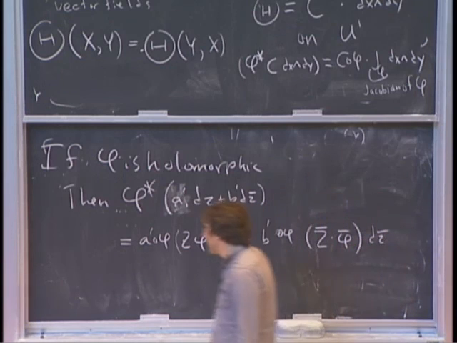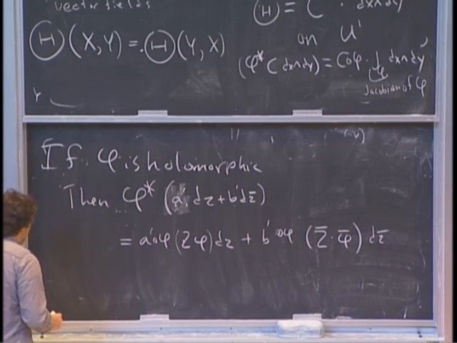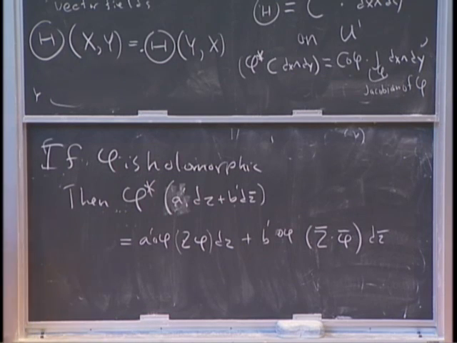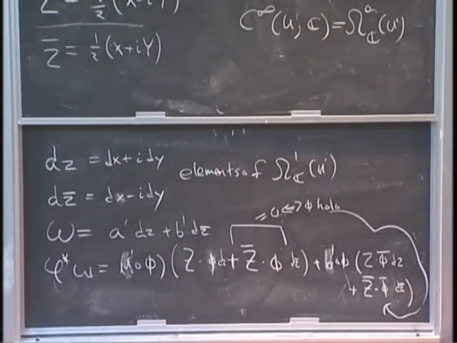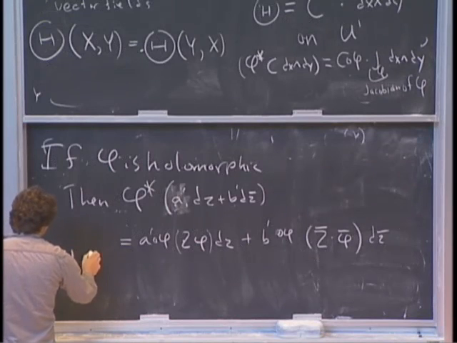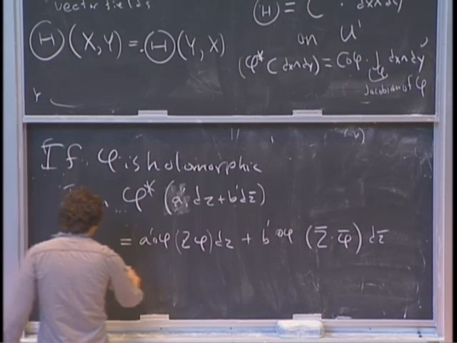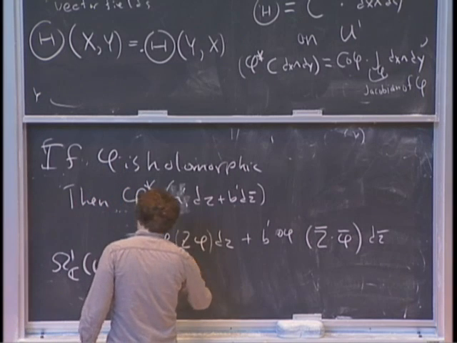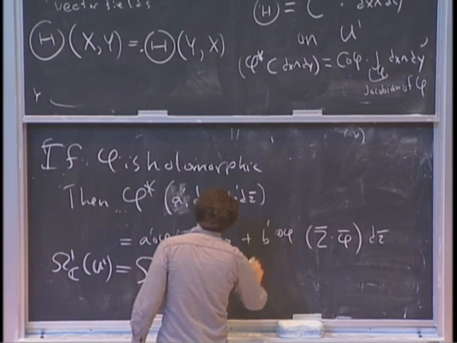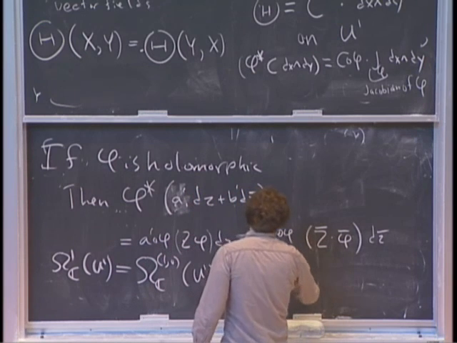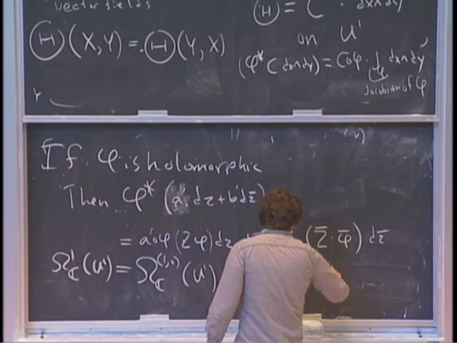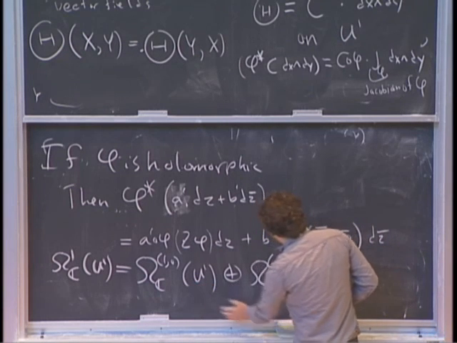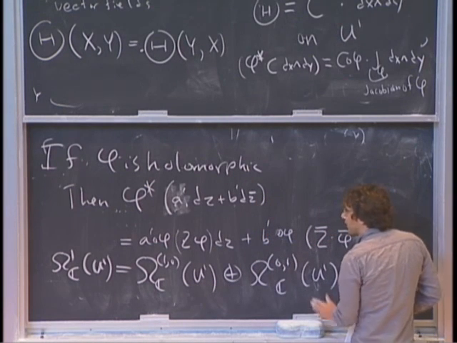So in other words, and I'll stop here because I'm out of time, there's this natural splitting of Ω¹_C(U′) into the (1,0) forms and the (0,1) forms. These are just the span of dz, and these are just the span of dz bar.